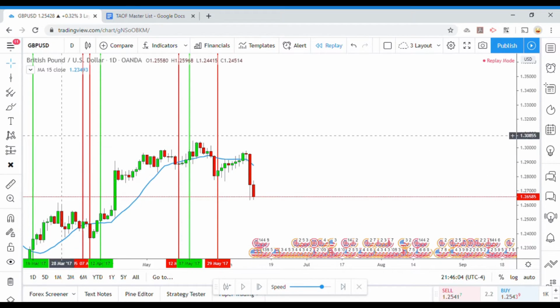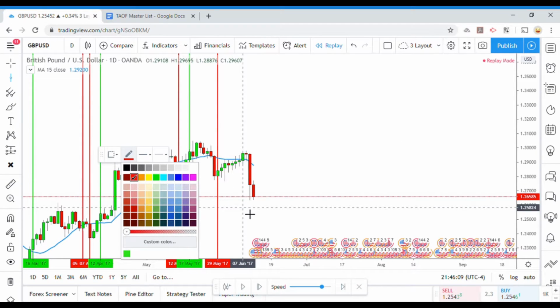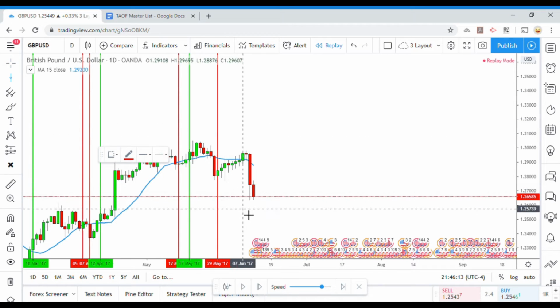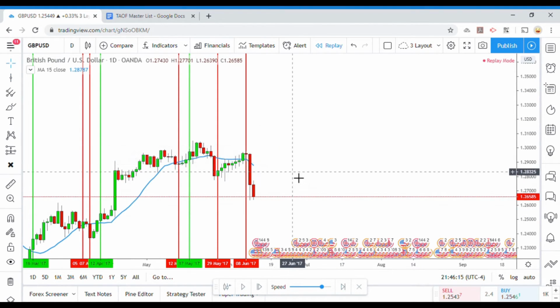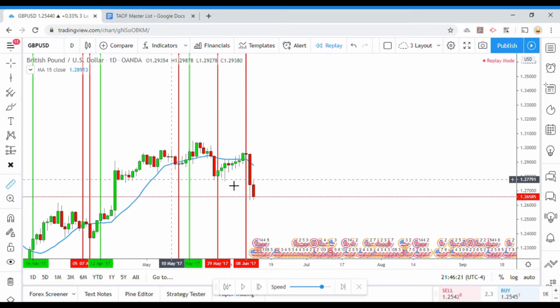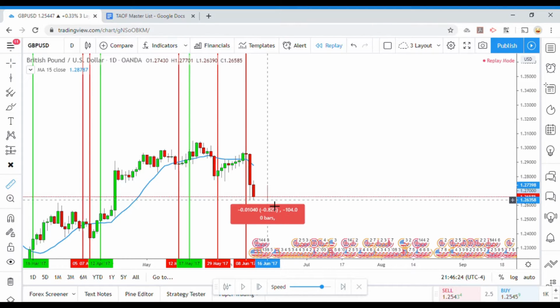As I've said in other videos, the moving average is giving us a lot of signals. And I've said that we need a lot of signals for an indicator to be logical to trade.